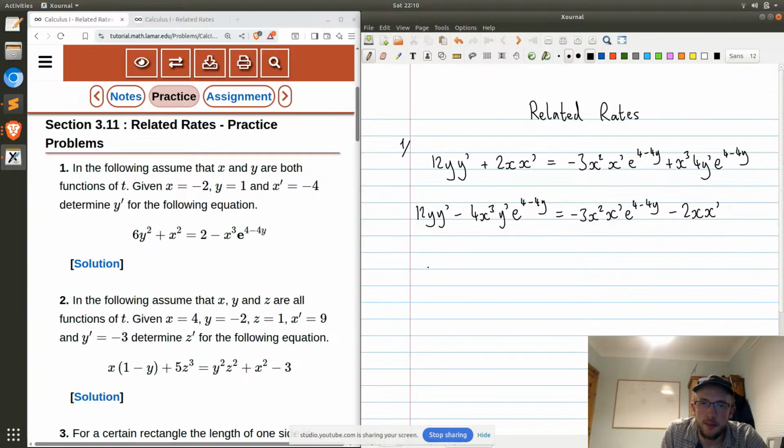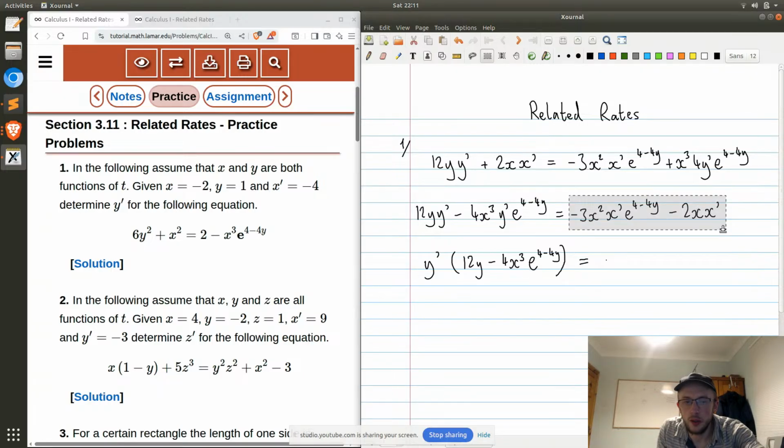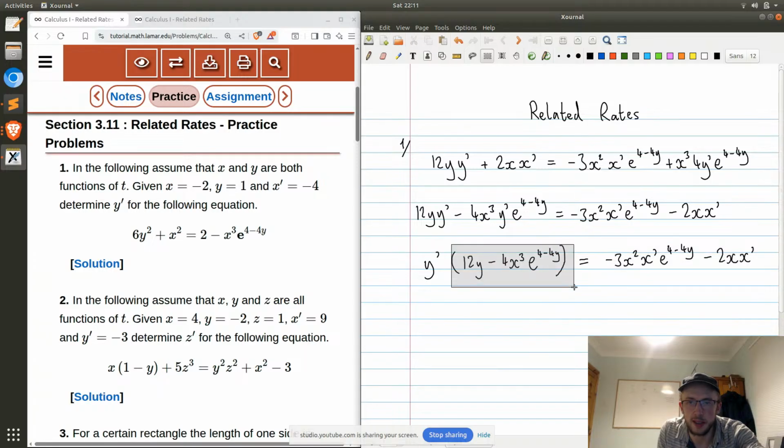And then I'll factor out y prime and get 12y minus 4x cubed e to the 4 minus 4y, and all of that is divided by that.